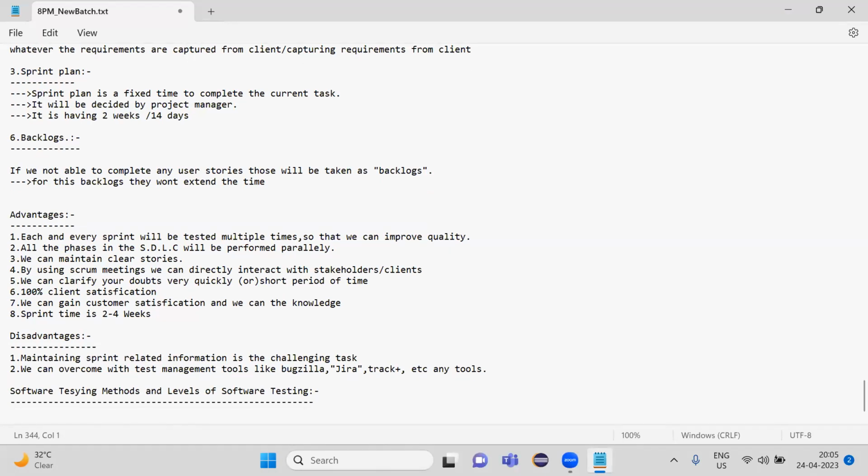Okay, here coming to software testing methods. How many methods are there, guys? Here we have 2 types of methods. What are those? One is static testing and the second one is dynamic testing.